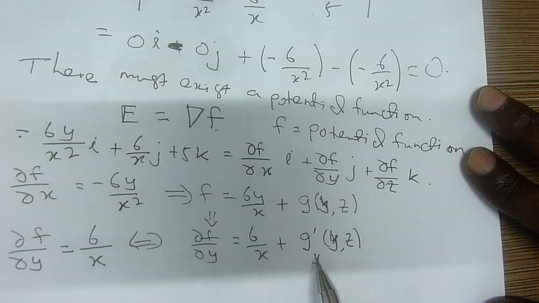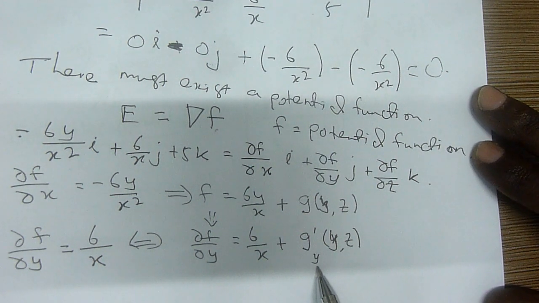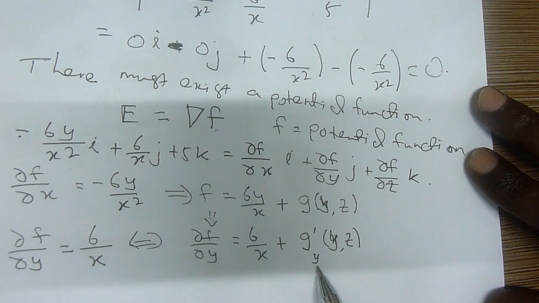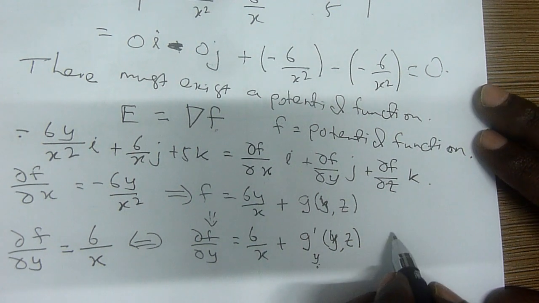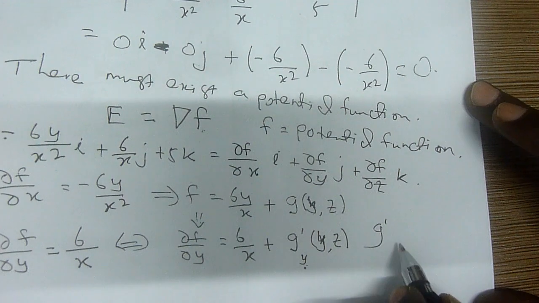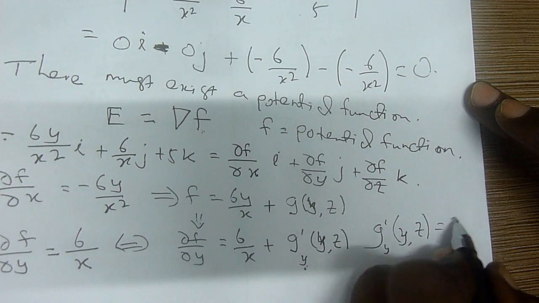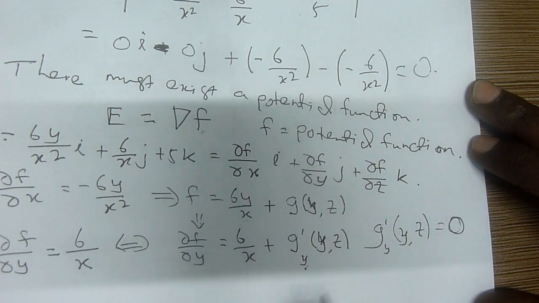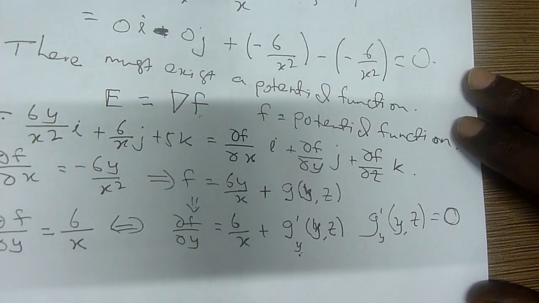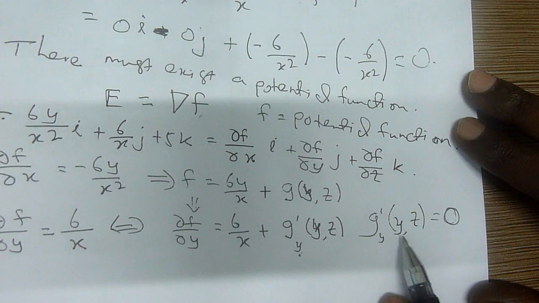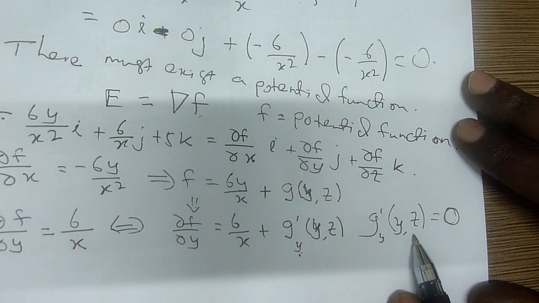If g prime with respect to y is 0, then immediately I can say, I solve this side here, y z is 0, so obviously y does not get involved.